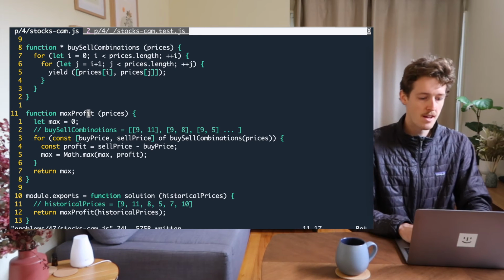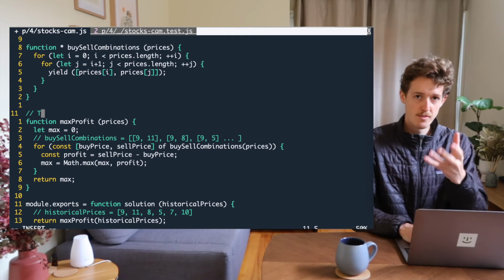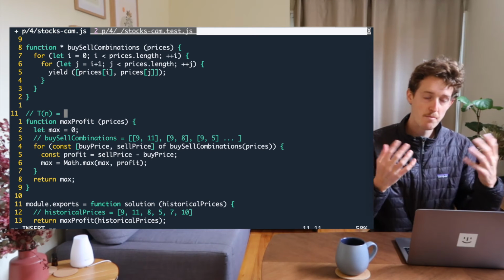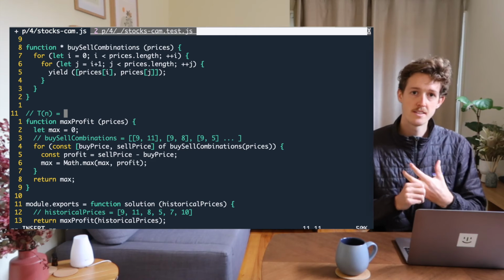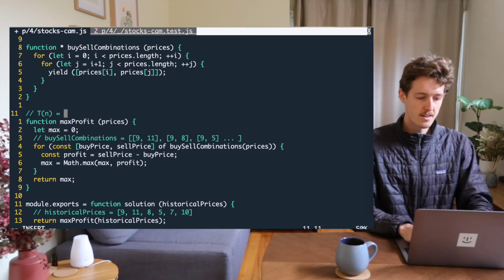And we can say that by thinking of this function here, T of n, which just means the time this thing will take, dependent on n, where n is prices.length.